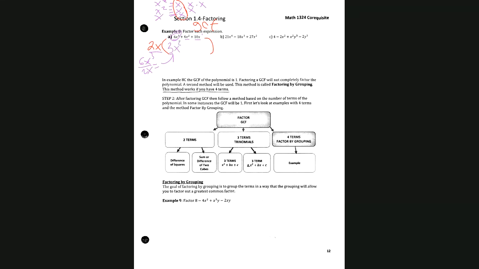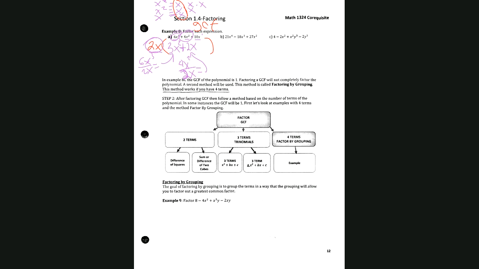Now if we take positive 4x squared and divide by, I'm sorry, not 3x, but 2x, because that's our greatest common factor, we will obtain positive 2x.